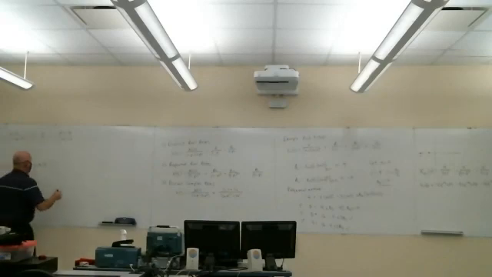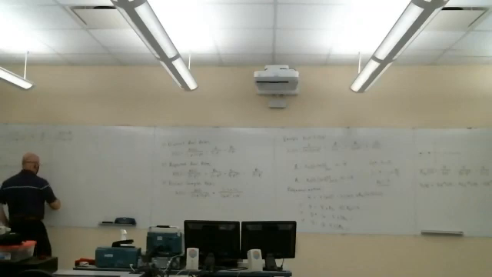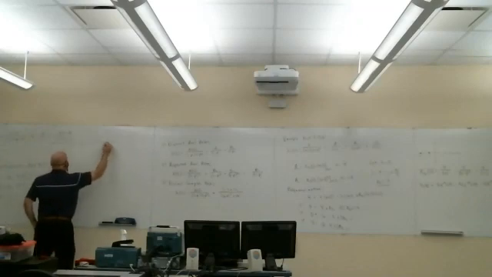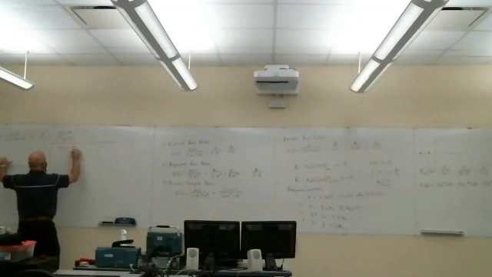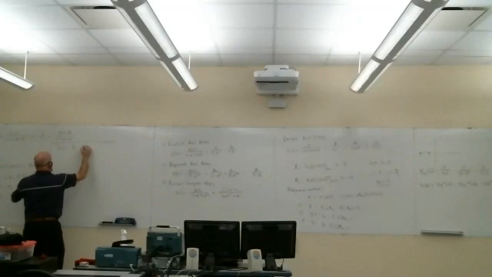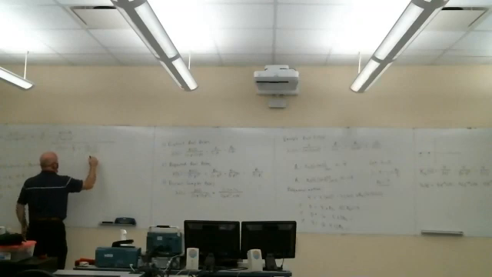So now what we have for x of s is 2 over s, and then I have minus (2s minus 11) over s squared plus 6s plus 10.